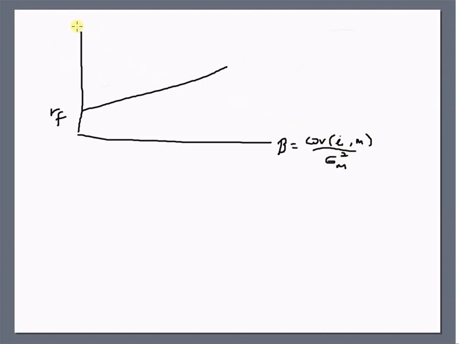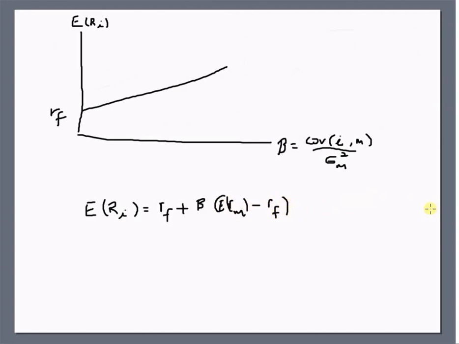Okay, so this is the expected return of the individual security, and the SML formula is given by expected return of the individual security is equal to the risk-free return plus the beta multiplied by the return of the market minus the risk-free return.